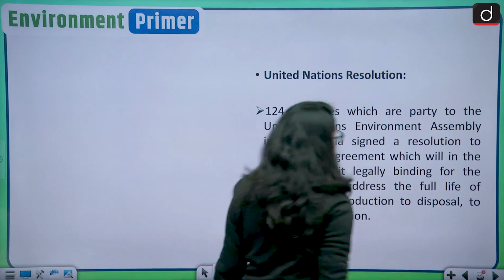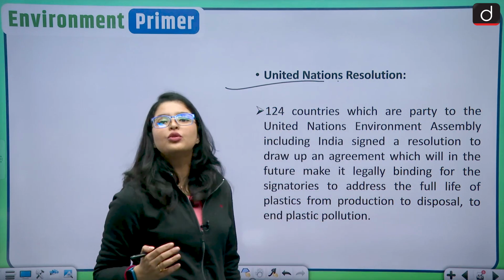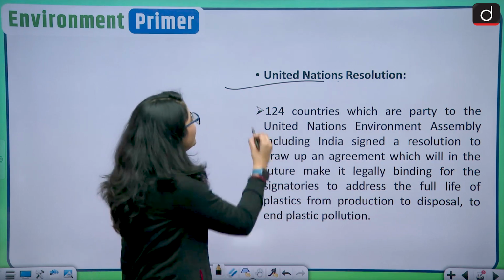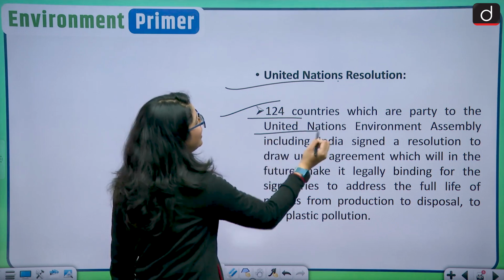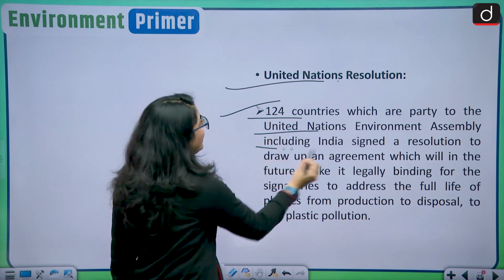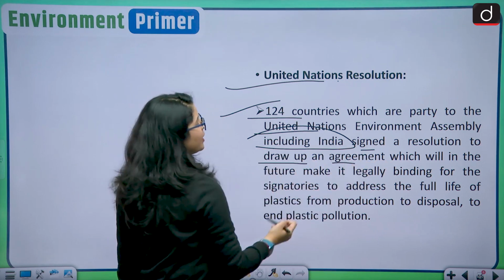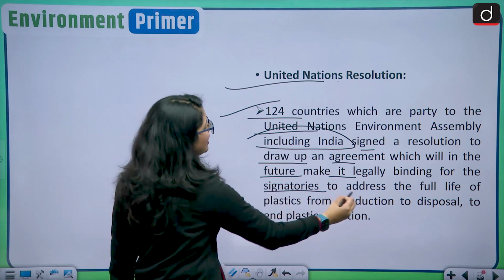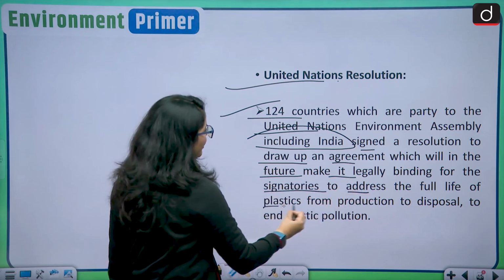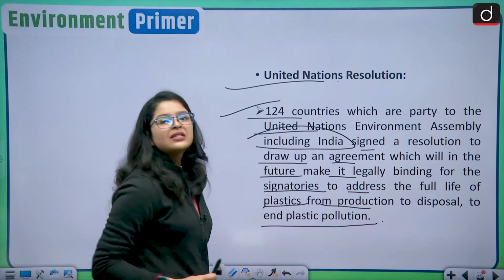Moving forward, let us analyze a recent United Nations resolution that has been passed by 124 countries which are party to the United Nations Environment Assembly, including India, and they have signed a resolution to draw up an agreement which will in the future make it legally binding for the signatories to address the full life of plastics from production to disposal to end plastic pollution.